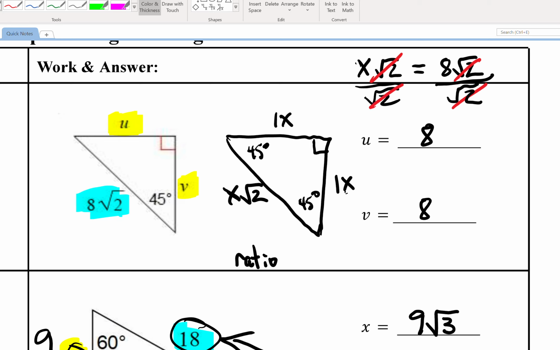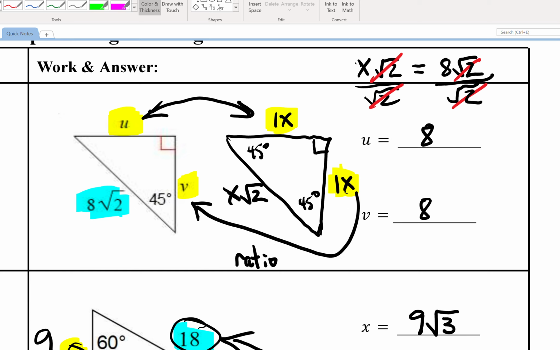Pero podemos comparar que estos dos lados son iguales uno al otro, igual que estos aquí. Entonces, si podemos encontrar estos, van a ser iguales. Y luego estos también. Van a ser iguales porque son la hipotenusa.